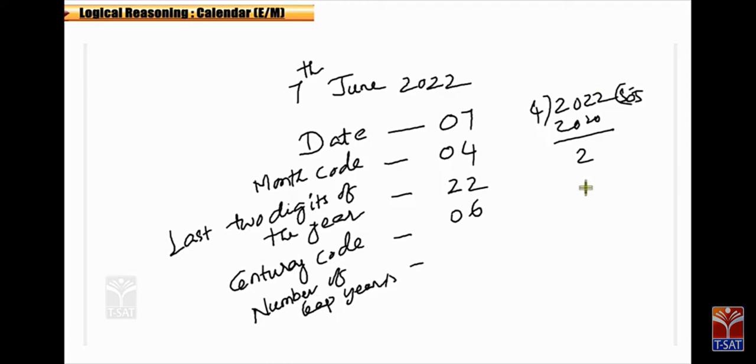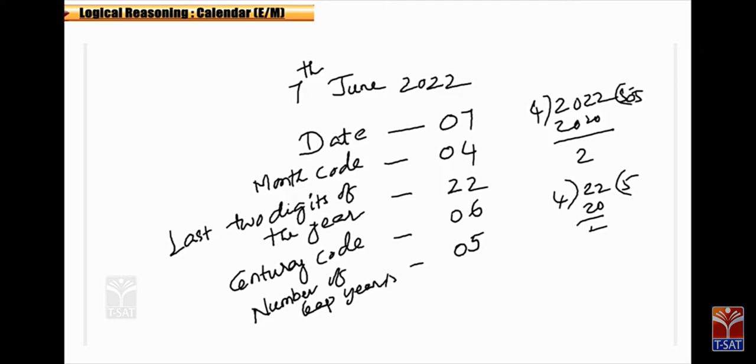Now consider only 22. It's simply 4 5s are 20. What is the quotient here? 5. Clear? Okay. The number of leap years is also completed. Then you have to add all these things.